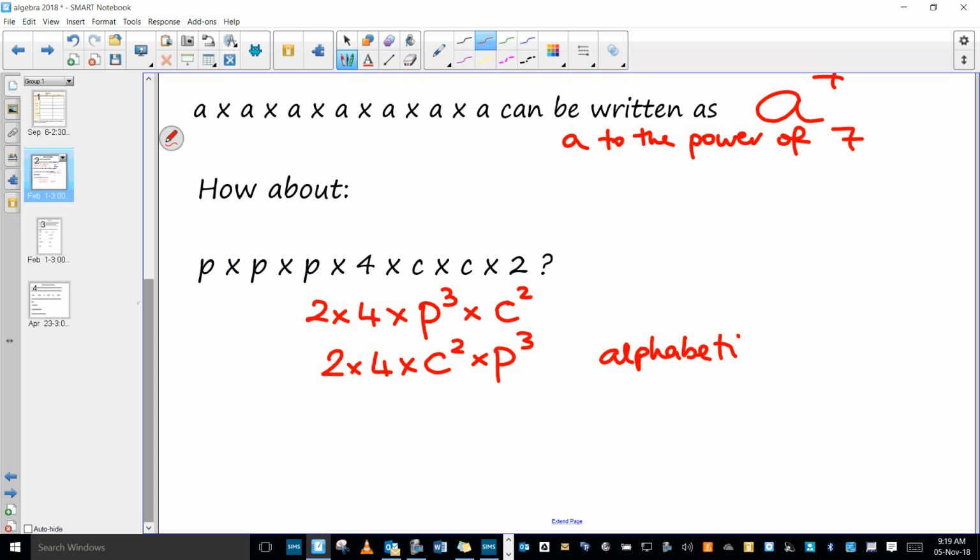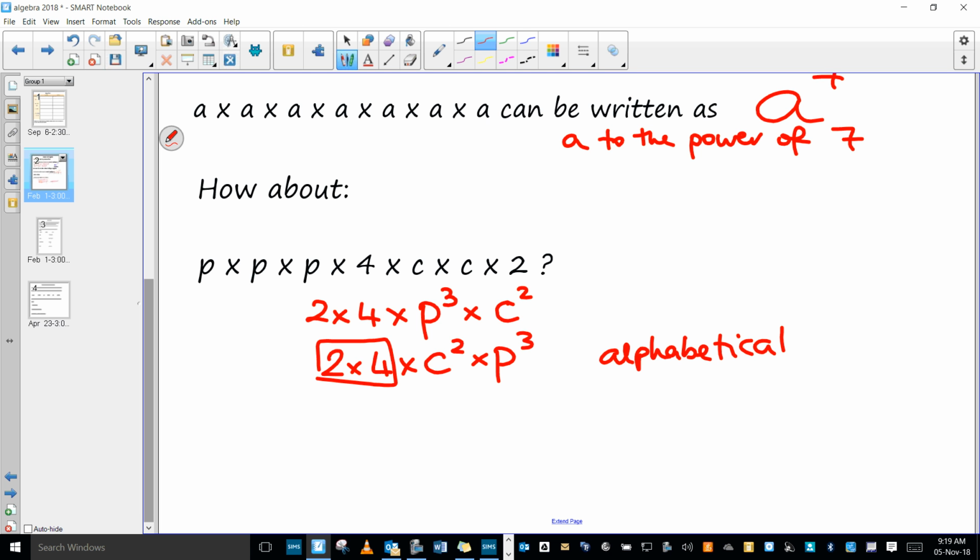Now, numerical. What we would do is if we had the 2 multiplied by 4, we would actually work out what that is. We can't do anything with our C and our P because we don't know what they are representing. But our 2 and our 4, we do know what that is. What is 2 multiplied by 4? 8.